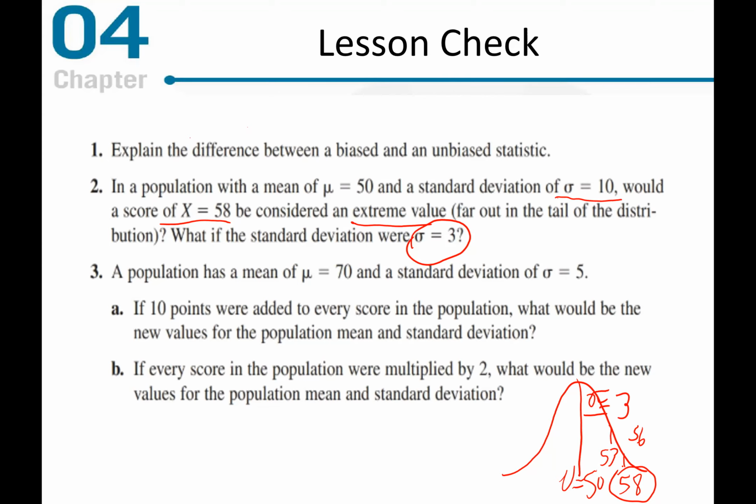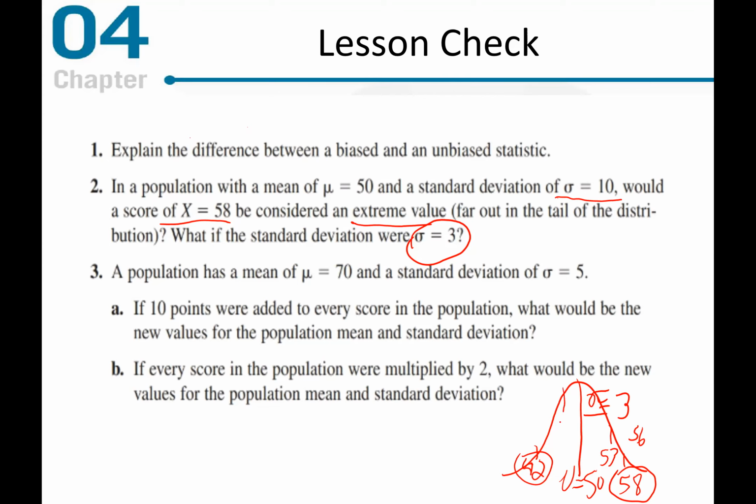And I've been using numbers that are going above the mean, but you could also do this by going below the mean. So if my score was, let's see, 42, well, 42 would be an extreme score as well, because it is more than 2 standard deviations below the mean.